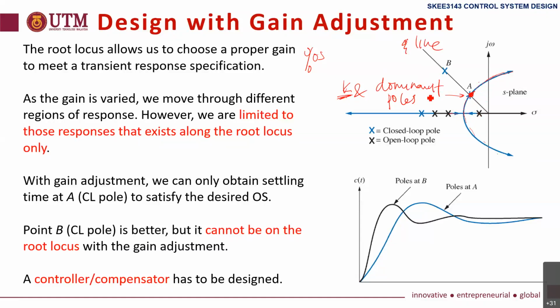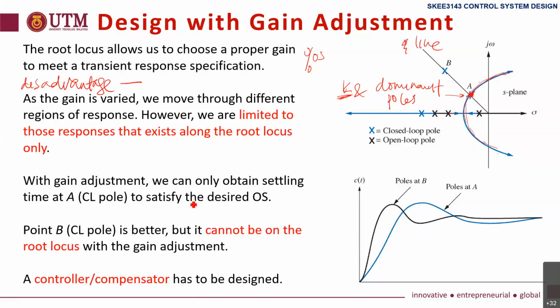So that is one disadvantage of gain adjustment. It can only be on this root locus. It cannot be outside the root locus, because when we change K, it will be on the root locus.